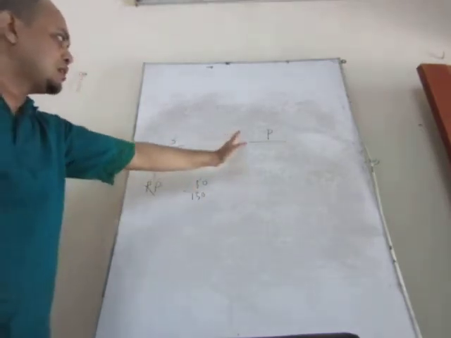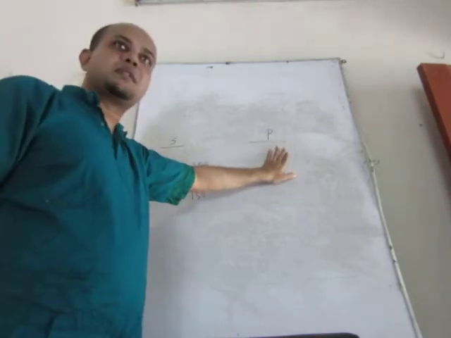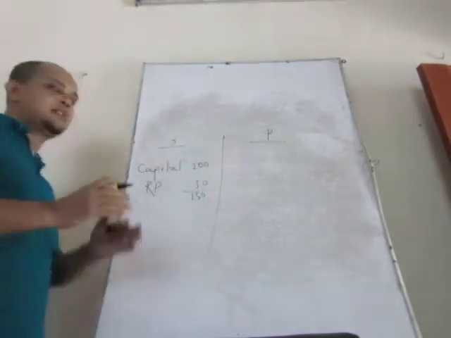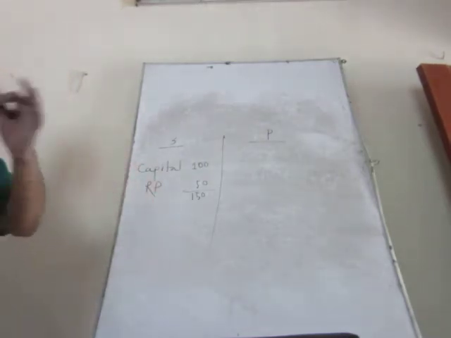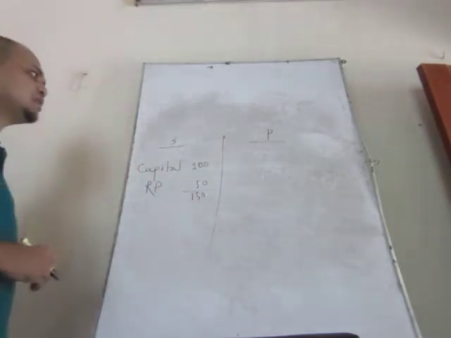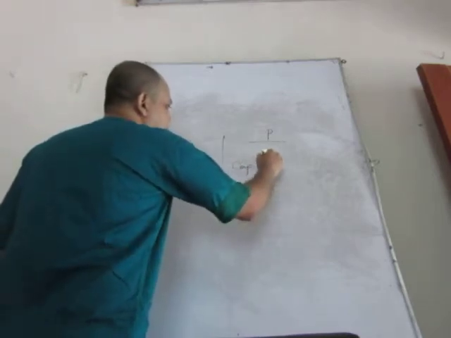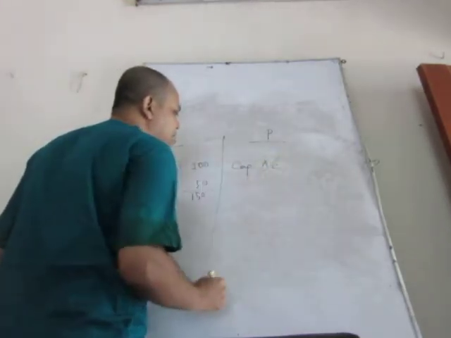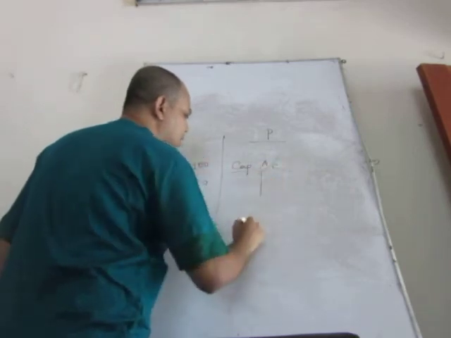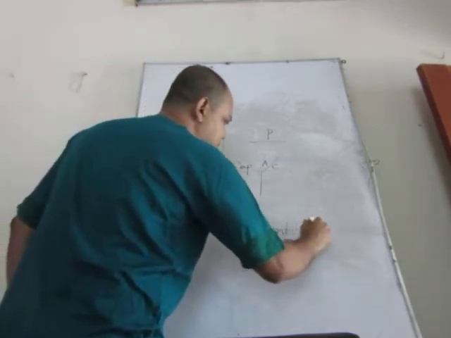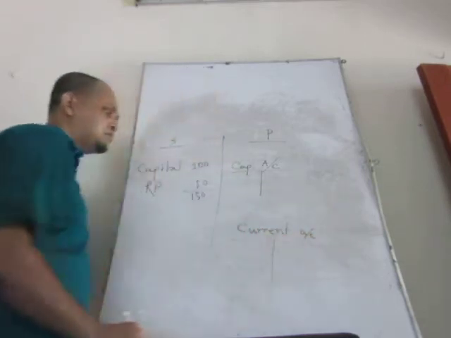But when you are thinking about the partnership business, these capital accounts are segregated or divided into two different groups. One is the capital account and another is the current account. What is that?